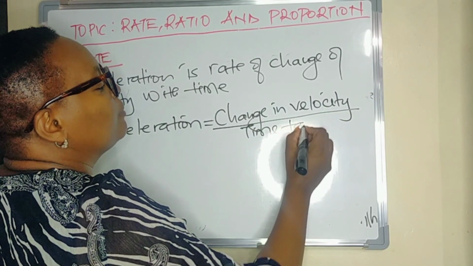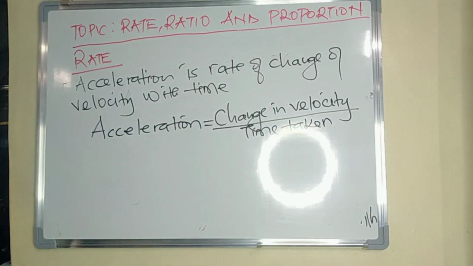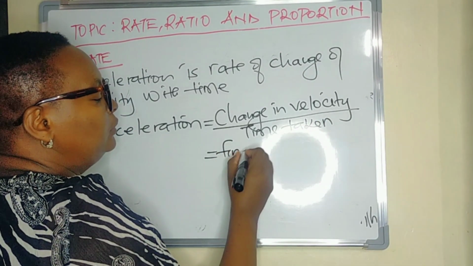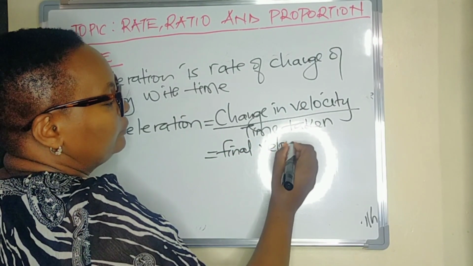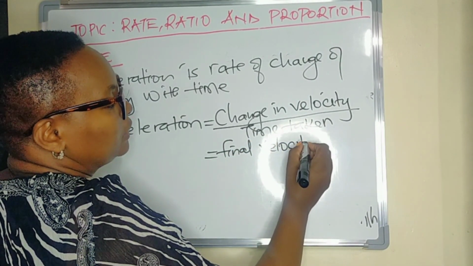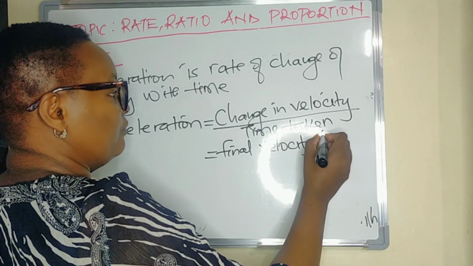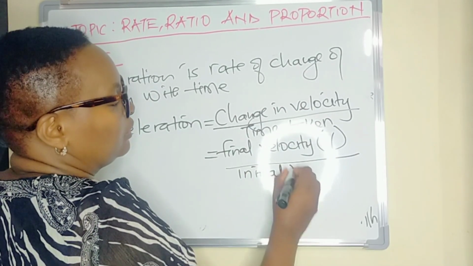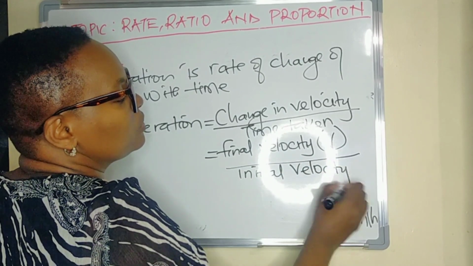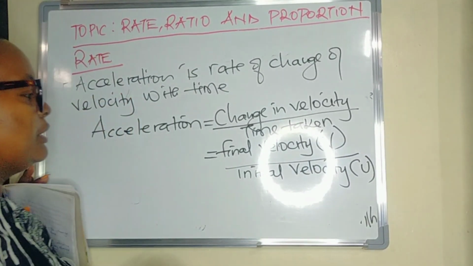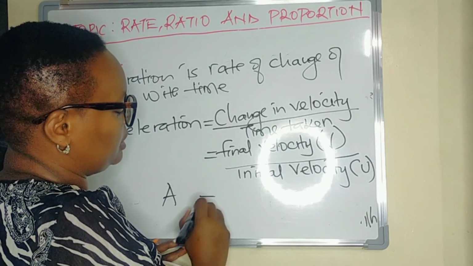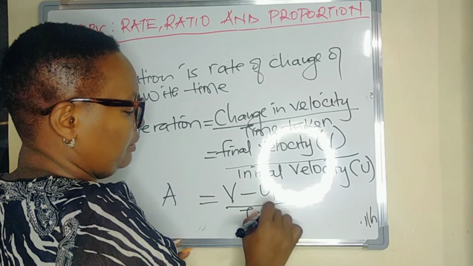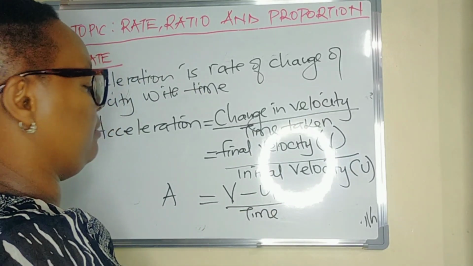Now, when we talk about change in velocity, it means the final velocity, which is referred to as v, minus the initial velocity, referred to as u. So the formula for acceleration now becomes v minus u over time.